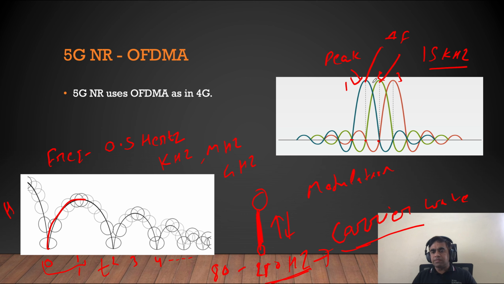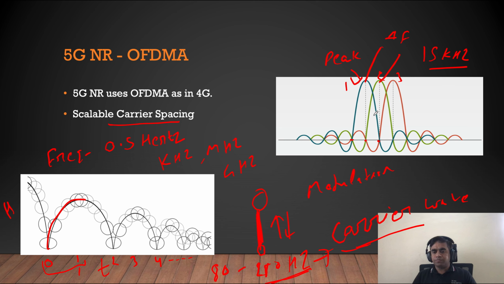This distance that you see here was a fixed distance, but in the case of 5G, it is scalable. There is a formula, and we are not going into the depth of that formula, but to understand it at a very high level, 5G uses this scalable carrier spacing so that it doesn't cause any issues while using OFDMA.